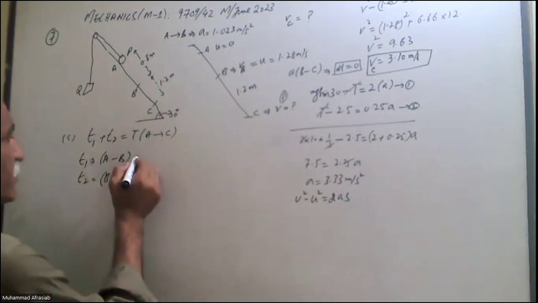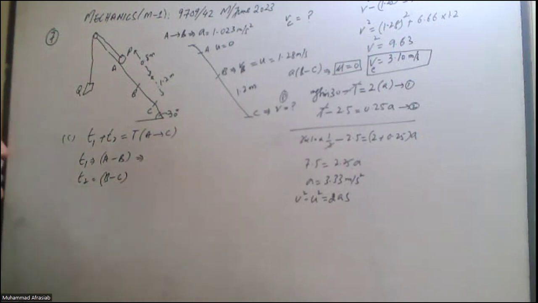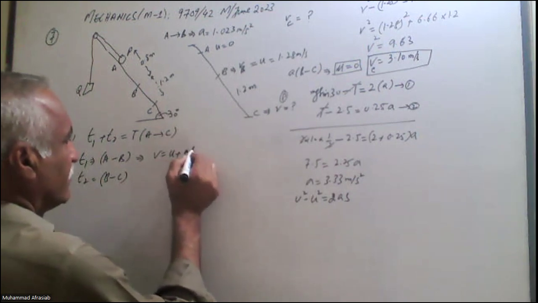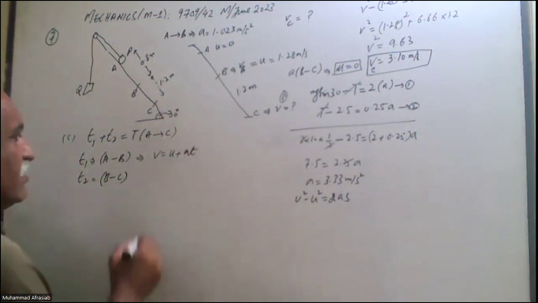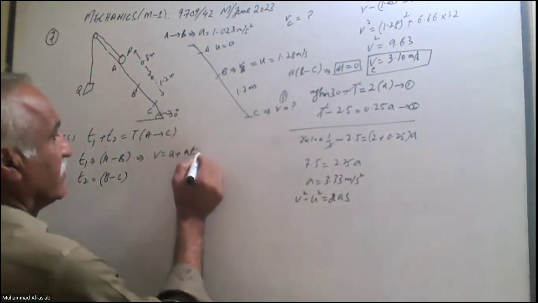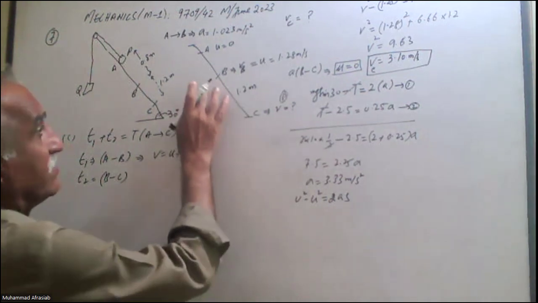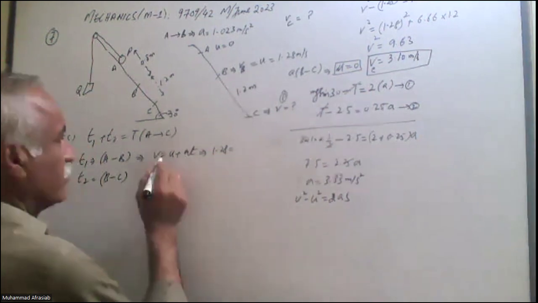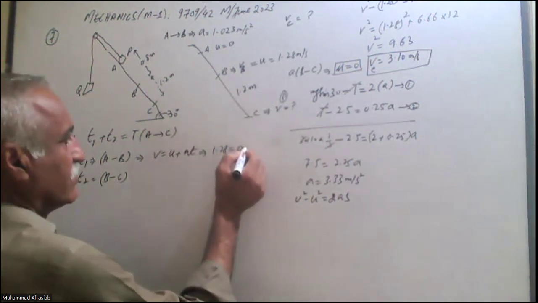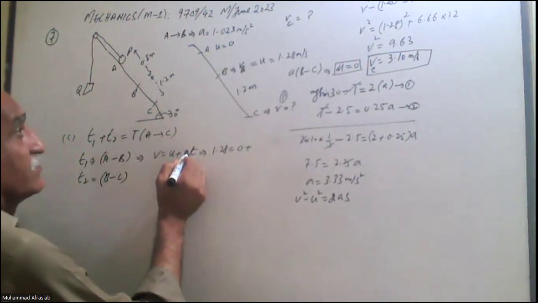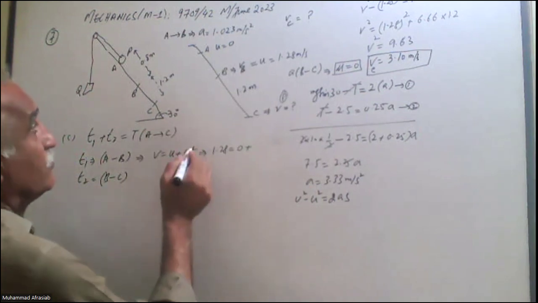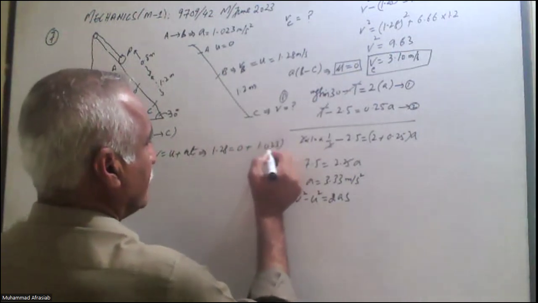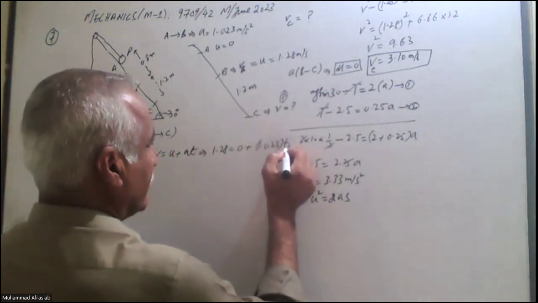We know from this equation v is equal to u plus at, where v at B we have calculated as 1.28, which is equal to u is 0 plus the acceleration for this particle from A to B, 1.023, into time T1.